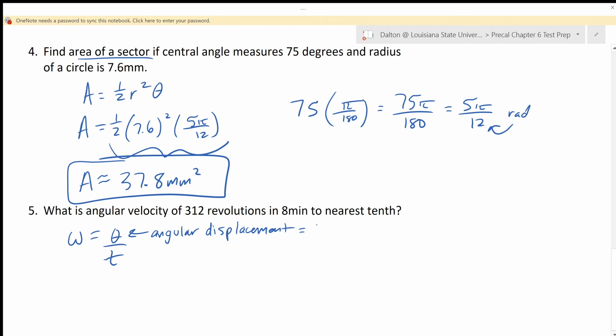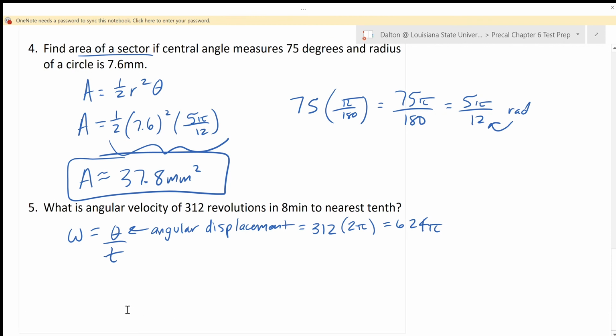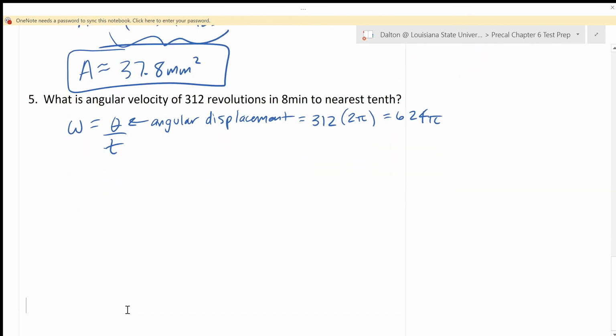For the angular displacement, we're going to take those 312 revolutions and multiply by 2 pi, because that's the measure of one revolution, which will be 624 pi. Again, you could get it as a decimal, but if you leave it in terms of pi, you'll get a more exact answer. So then I do 624 pi as my theta, remember this is in radians, divided by t, which is time, so it's going to be 8 minutes.